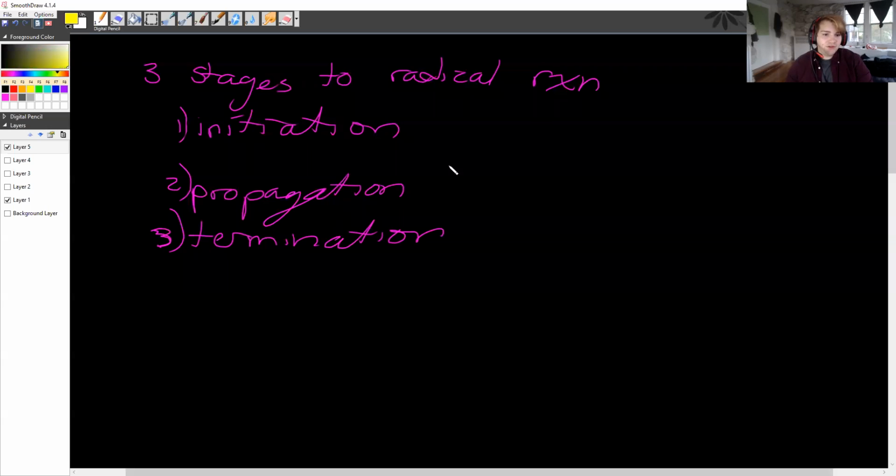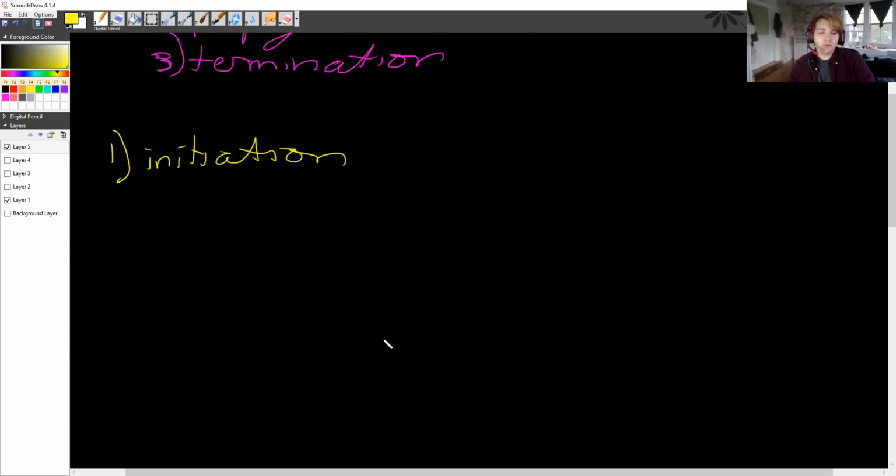So this first stage, initiation, is about producing the chlorine radical that we're looking for in order to halogenate, or the bromine radical.